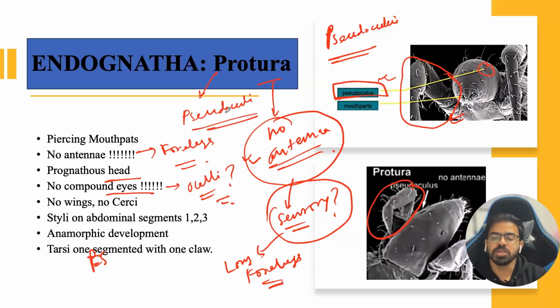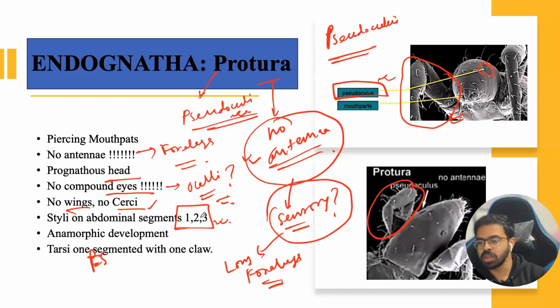This term is not present in your insecta book. Just please take a note of it. Okay. Then wings are not there. Cerci are again not there. Styli are on abdominal segments 1, 2, 3. The first 3 abdominal segments contain the styli.